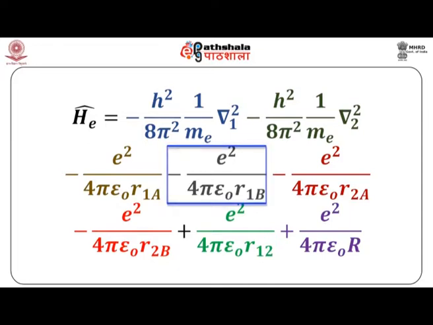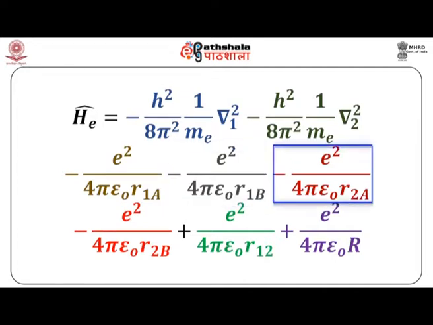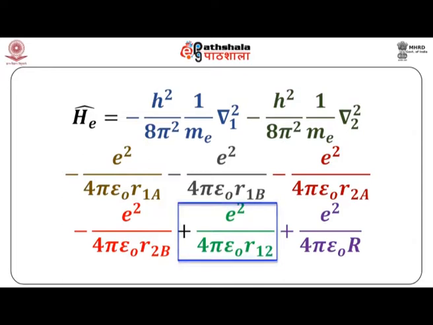Then the next term is similarly negative, that means it is the electrostatic attraction between electron 1 and nucleus B. The next term gives us the electrostatic attraction between electron 2 and nucleus A. And then we also have a term e square upon 4 pi epsilon 0 r_12, which you know is the repulsion term between the two electrons.